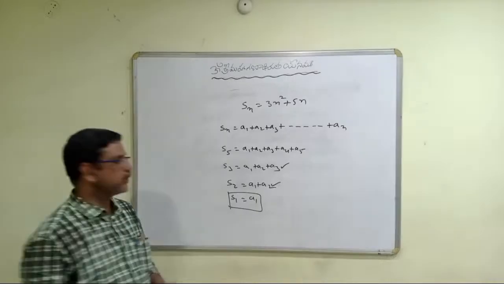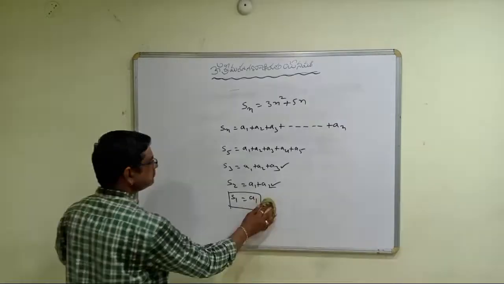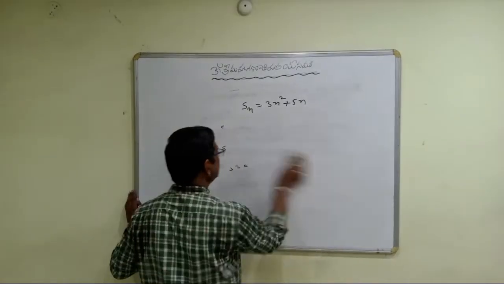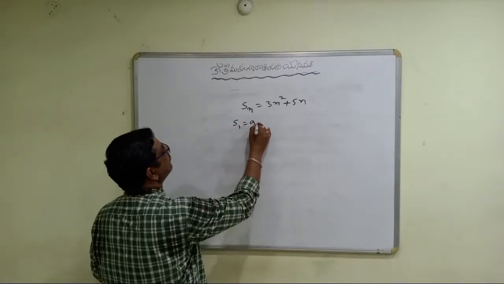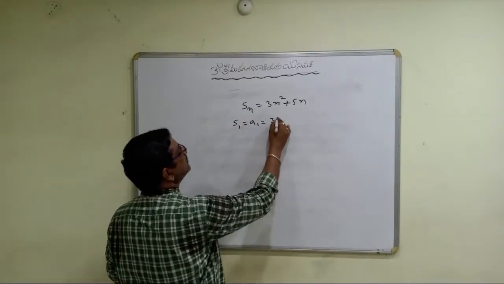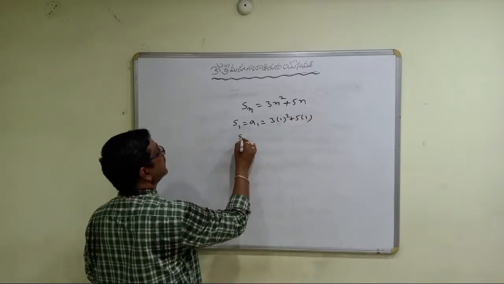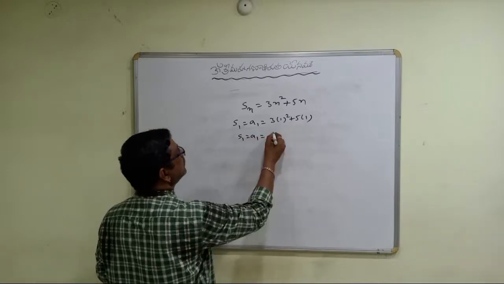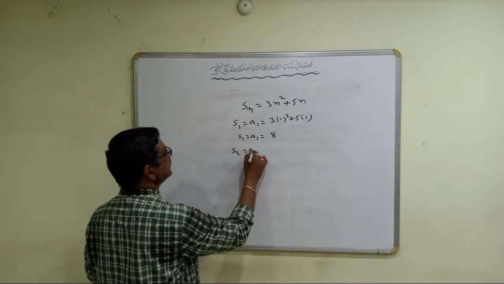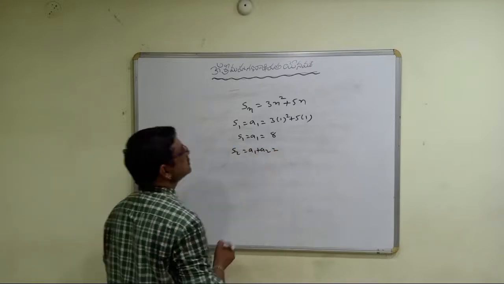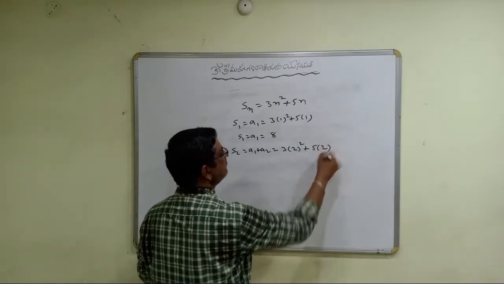Now, we need to use this concept in solving this problem. I told you S1 is nothing but A1. That means insert 1 in the place of n. So S1 is equal to A1, which is 8. Now, S2, which is nothing but A1 plus A2, insert 2 in the place of n: 3 into 2 square plus 5 into 2.